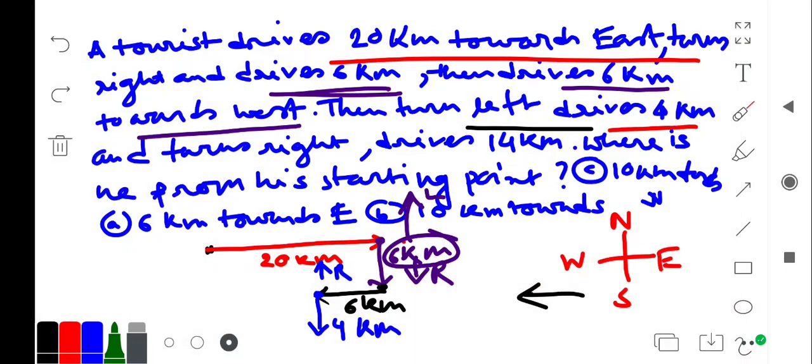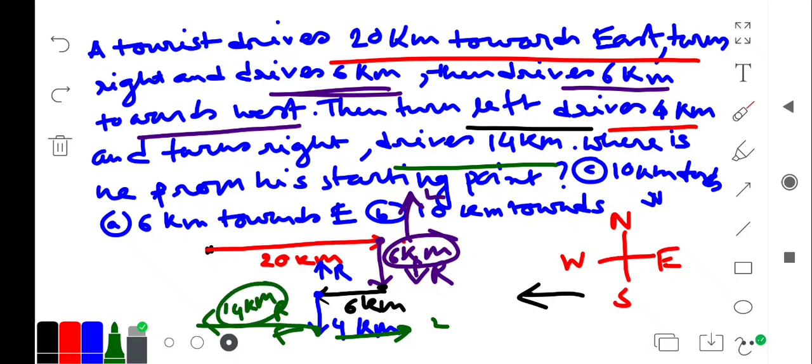Turn side again. আবার দেখো এটার সাপেক্ষে এখানে আছে। ওকে, এটার সাপেক্ষে এই দিকে হলো রাইট, এদিকে হলো লেফট। সো হি টার্নস রাইট অ্যান্ড ড্রাইভ 14 কিলোমিটার। ওকে, this is 14 kilometer. Okay, now where is his form?